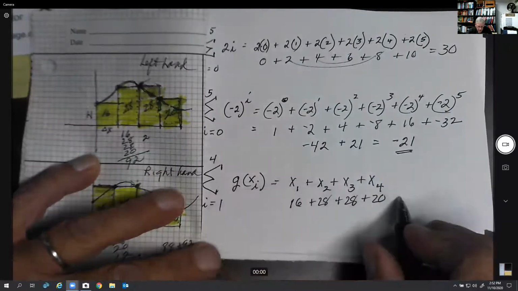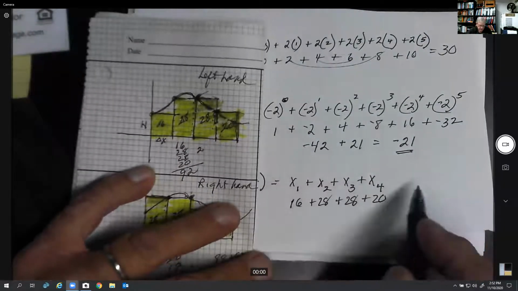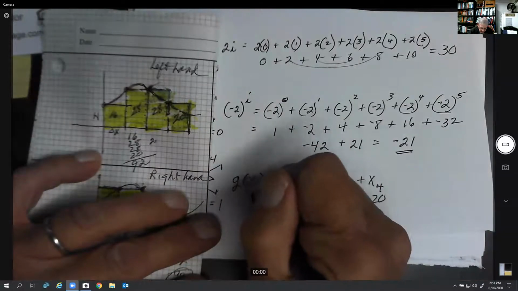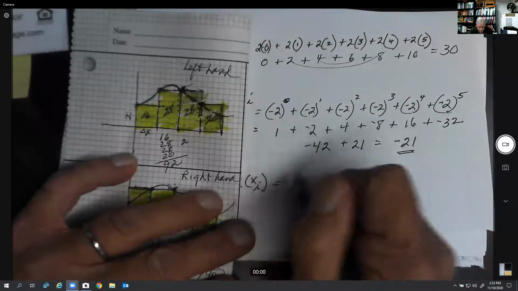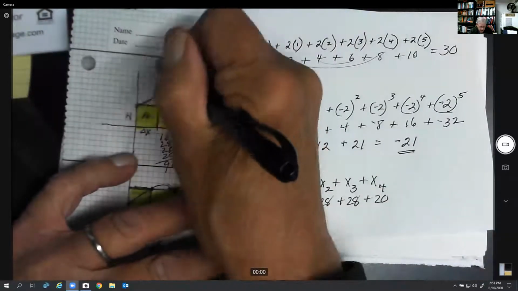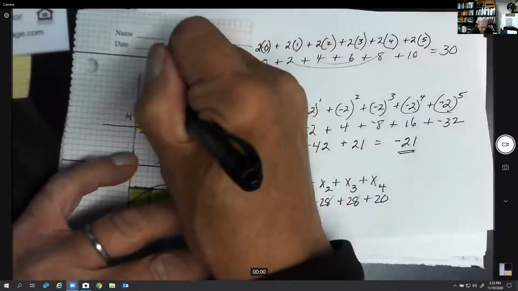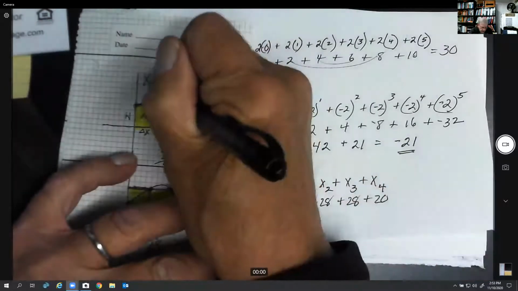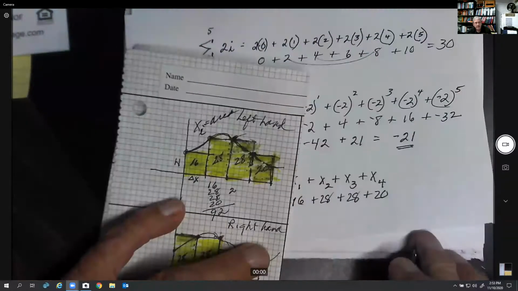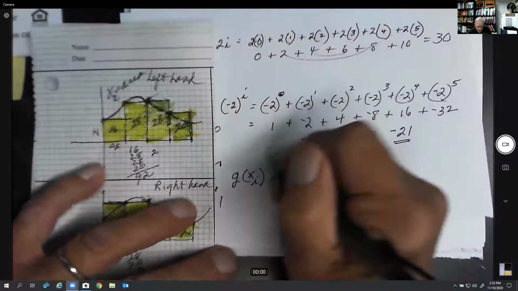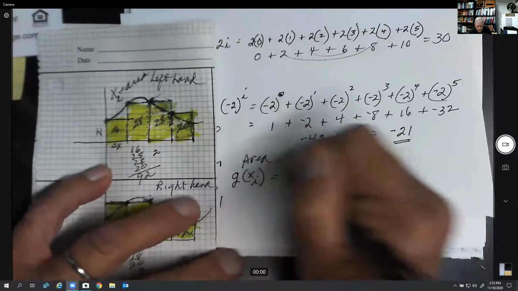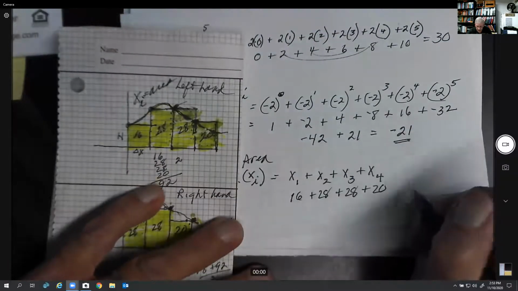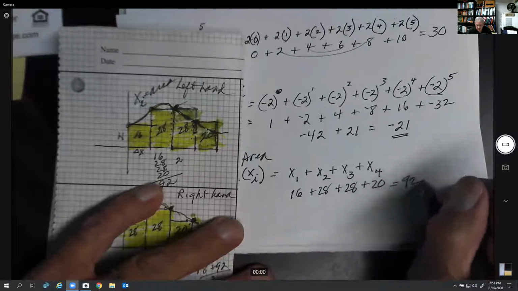We're showing that we're doing this, and x sub i, I should say, was the area underneath here. So we add up all those areas and we came up with 92.